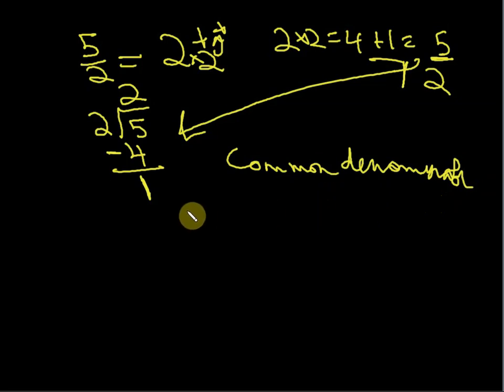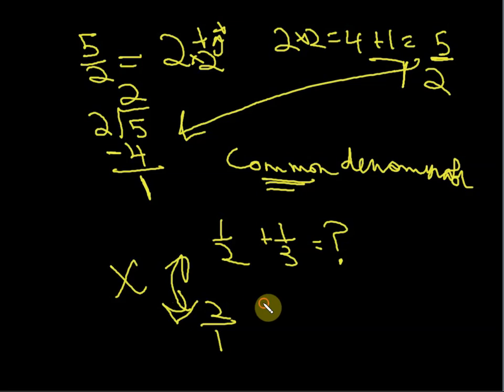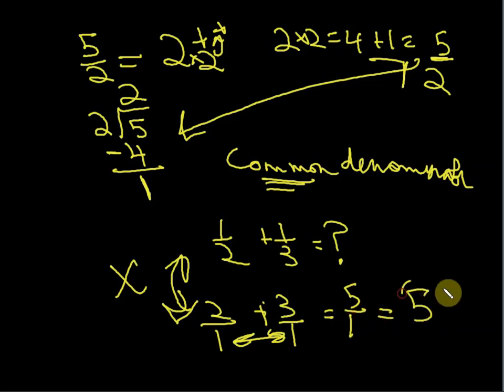But essentially now you know why you need a common denominator, why you can't just do 1 half plus 1/3. It doesn't make any sense. Think about if I were to flip it to 2 over 1 plus 3 over 1, which are completely different examples. Yeah, you have a common denominator. And so definitely you can add these to 5 over 1. But we know it's implicitly understood as 5.